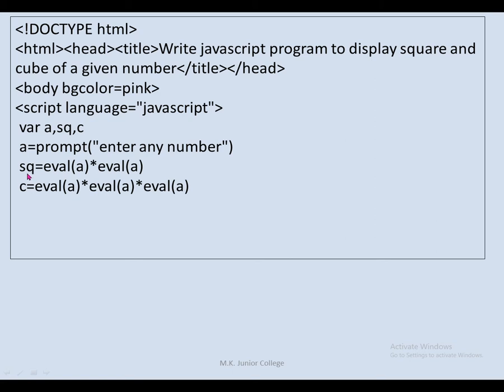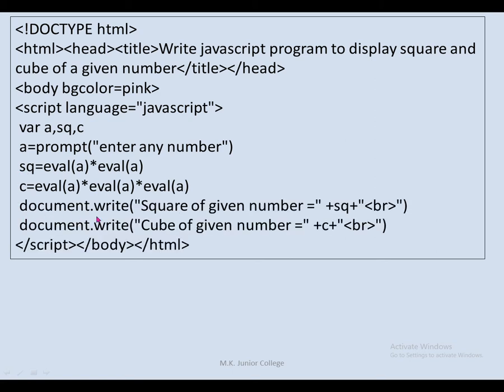After calculation of SQ, that is square, and cube, now I want to display with document dot write the square of a number. This is the comment text you are giving, to display the number inside this square. देखो यहाँ पे कुछ नंबर आ जाएगा, a into a, जो भी नंबर है it will be stored in SQ. The same number I want to display in front of this, so I am writing plus SQ plus BR to break the line.